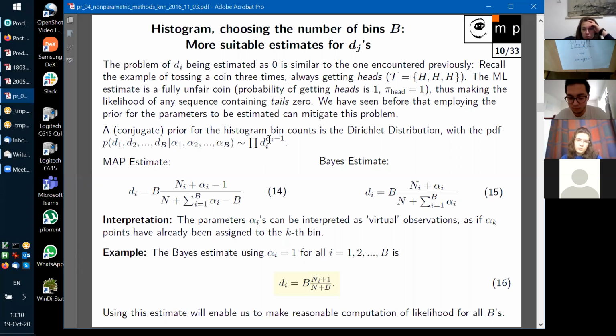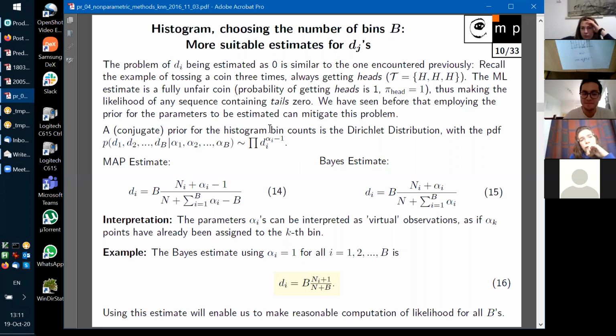If I give you some set of alphas, this will generate a different distribution of D1, D2, up to DB. So maybe a common choice would be alpha_i equals 1, then the exponent is 0, and we will say all D1, D2, DB are equally probable.